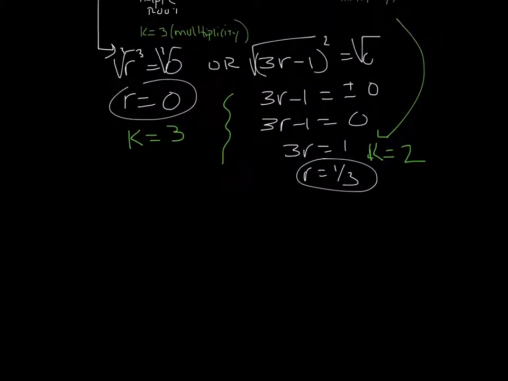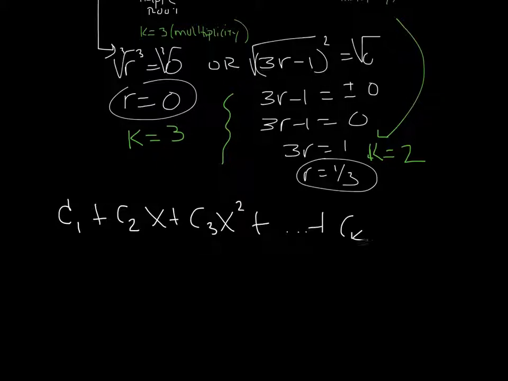So let me go ahead and write it out. The general form is C1 plus C2x plus C3x squared plus dot dot dot plus Ck x to the k minus 1 times e to the rx. Our focus is this k, and we have 2 k's.